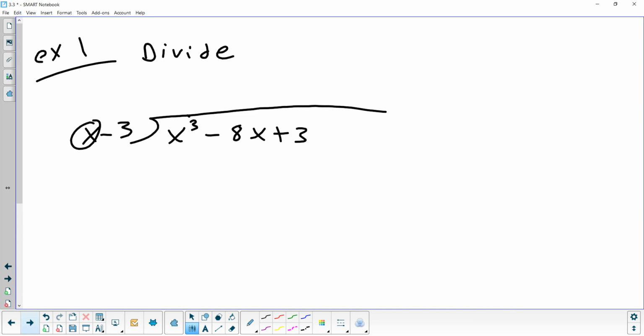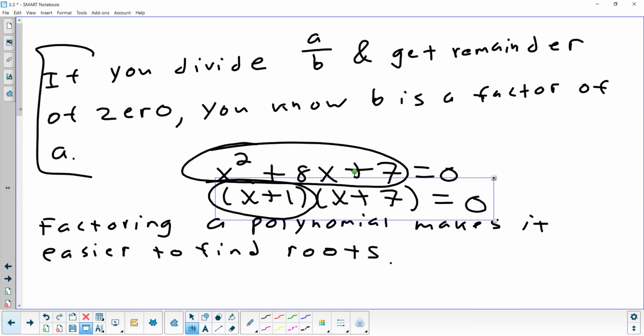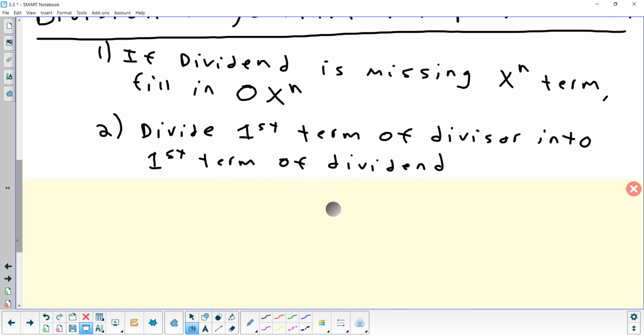In this case, it would be x cubed. So we divide the first term on the outside into the first term on the inside. We write that answer down. Let's describe them all first, and then we'll do the problem after.